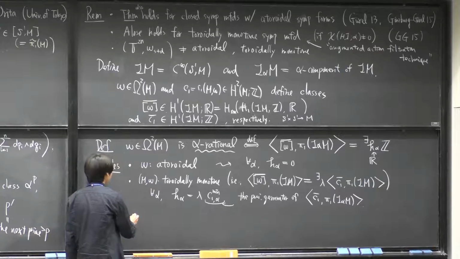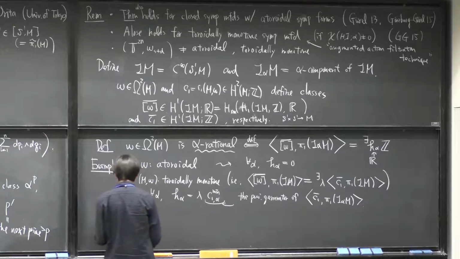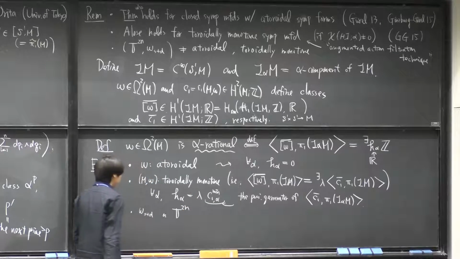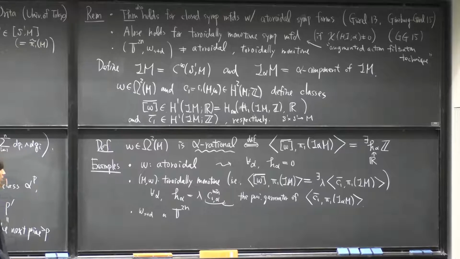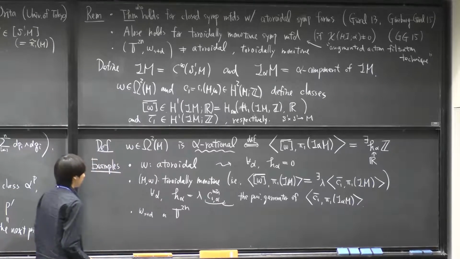So this notion is rather general. And of course, I will mention later that the standard symplectic structure on the torus is also alpha-rational.